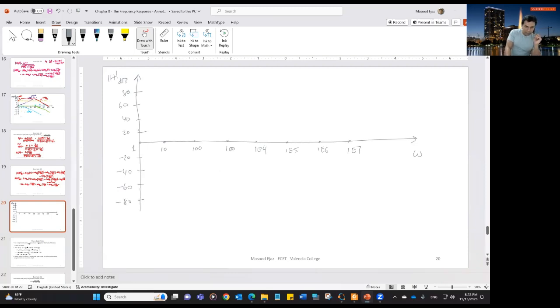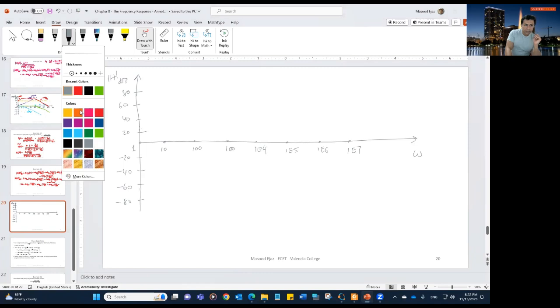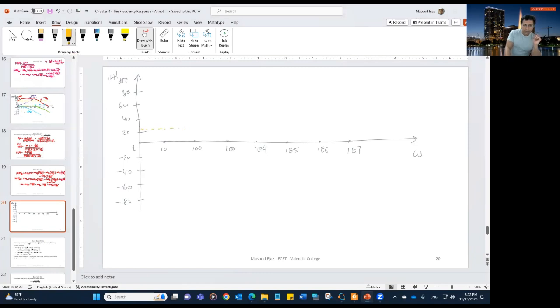So I have 26, the first one, mid is 30, so that 26 is going to be here somewhere. So I have 26 decibel for all frequencies. That's the constant value that I have. That's my 26 decibel.